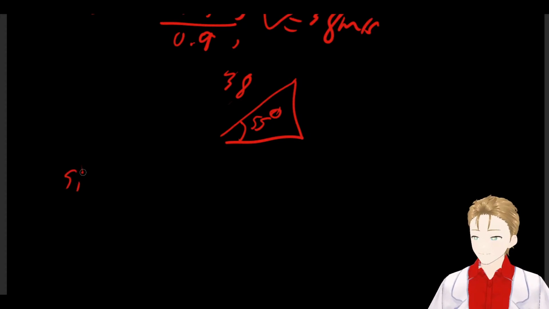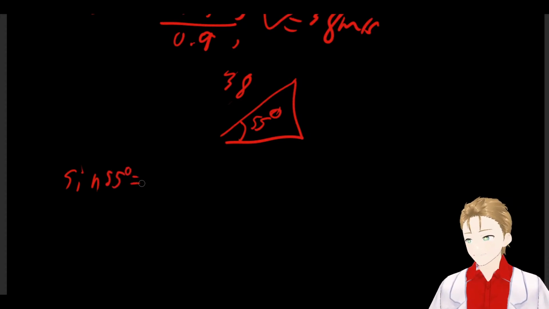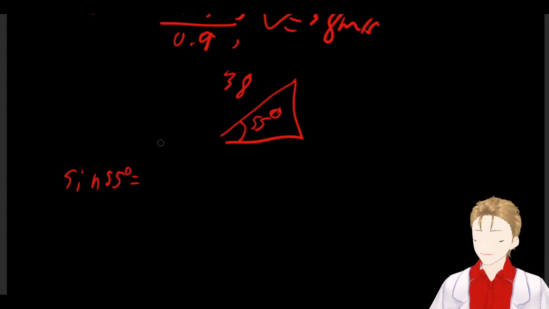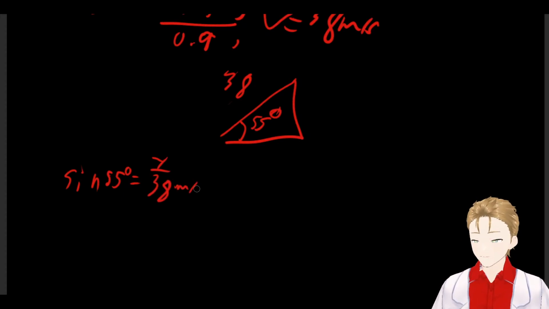Sine 55 degrees is equal to opposite over hypotenuse, which means y over 38 meters per second.